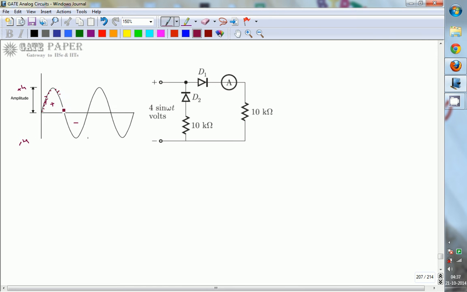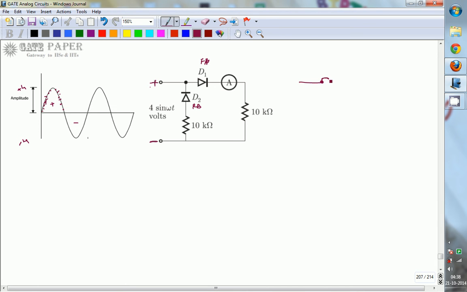Positive voltages are indicated with plus-minus polarity, that is, this node is more positive than the other node. This positive voltage makes diode 1 forward biased and diode 2 reverse biased. Since the diodes are ideal, under forward bias a diode acts as a short circuit, and under reverse bias diode 2 acts as an open circuit. Then the equivalent circuit looks like this.